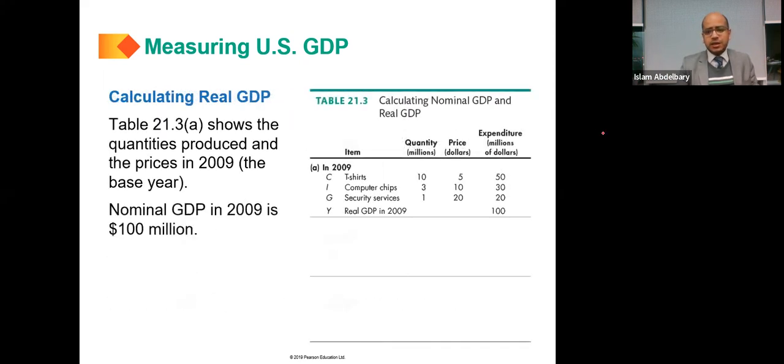So as you can see here, the market value comes from the quantities and prices. These are the two sources to increase the value, quantities and prices. But we care about quantities. We care about productivity.